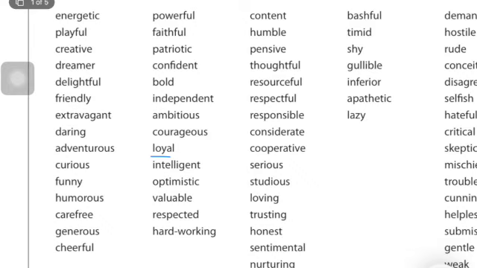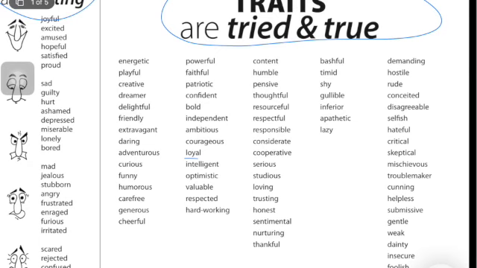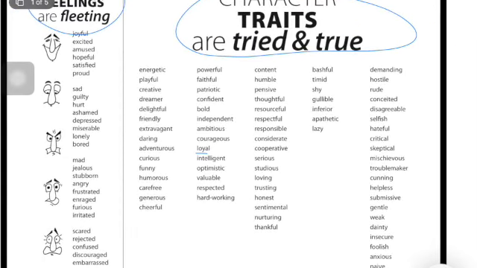Okay? So what we're going to do today is continue looking at the difference between feelings and traits. Now, if I look at these feelings over here, joyful, excited, amused, hopeful, satisfied, proud, and you see the face over here, and this face is clearly joyful, and they're happy, like something good's happened, but then something bad happens.